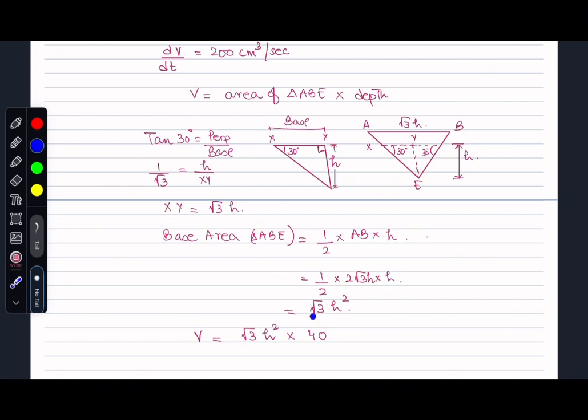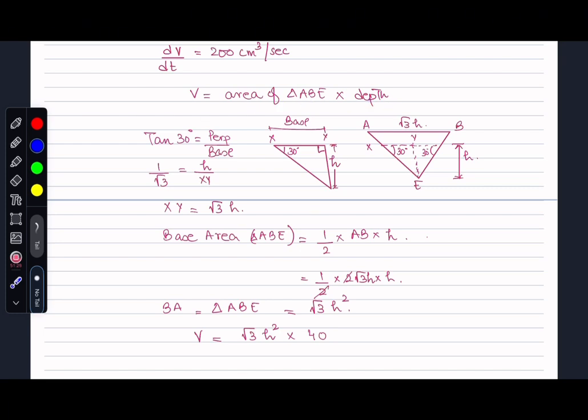In this case, the two get simplified, and I can say that the area of the triangle ABE, which is actually the base area, shall be equal to square root of 3h squared.